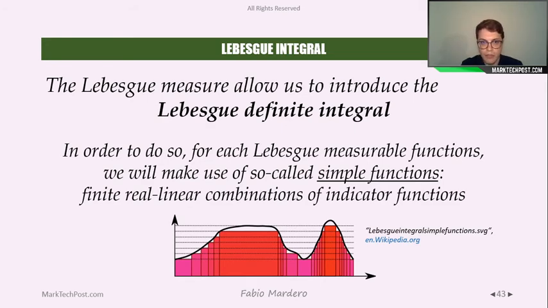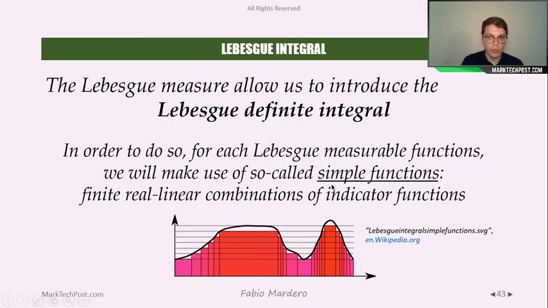So we have defined the Lebesgue measure. How can we get to the Lebesgue definite integral? Of course, we will use the Lebesgue measure, but we will use it step by step, increasing the difficulty of the definition of the Lebesgue definite integral.